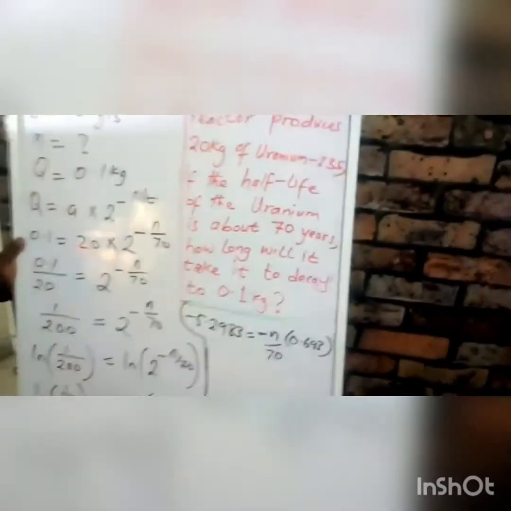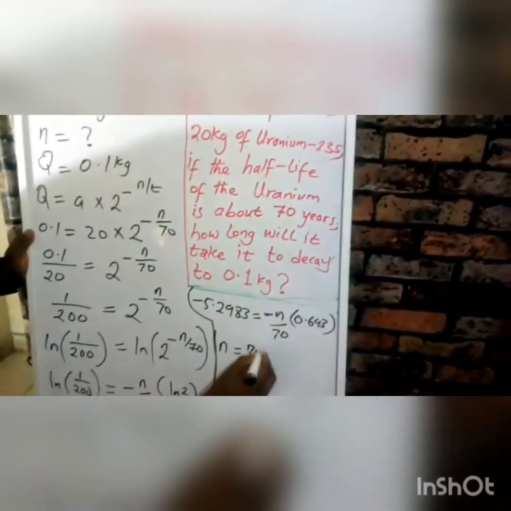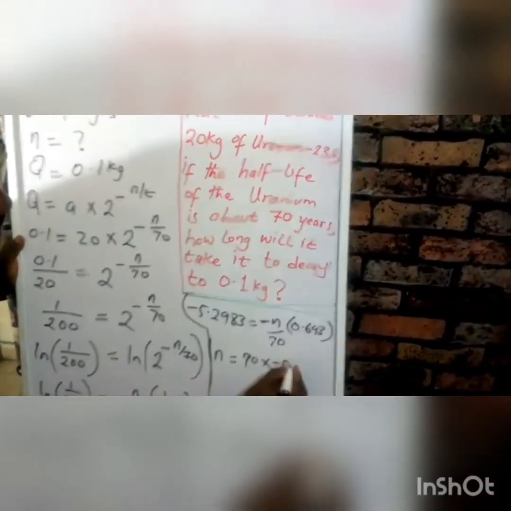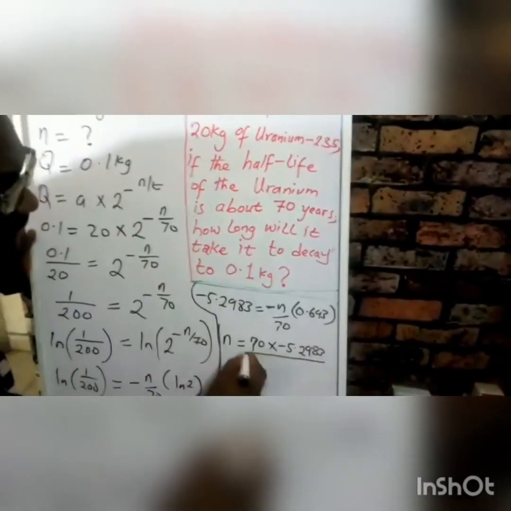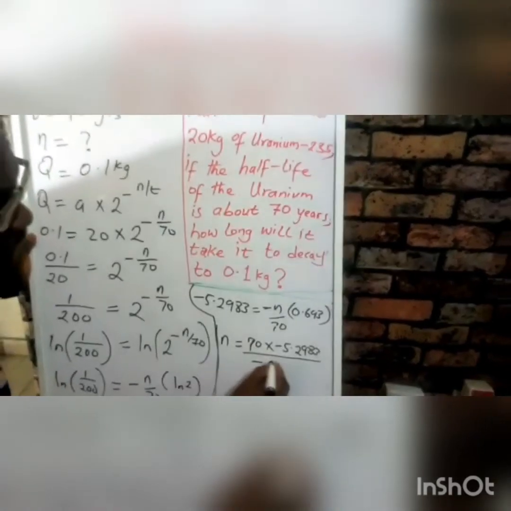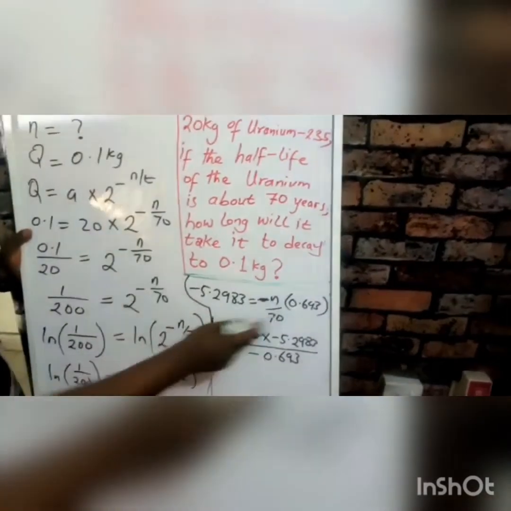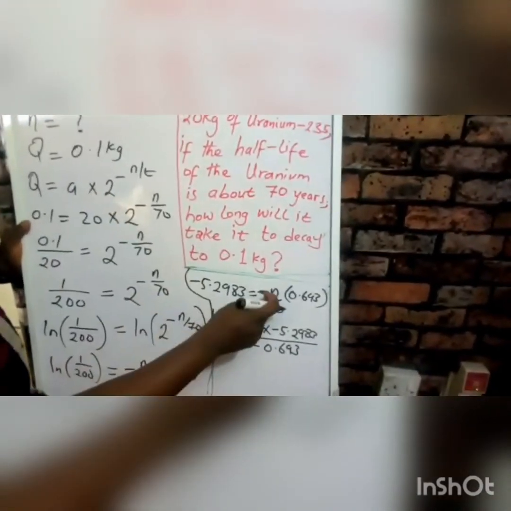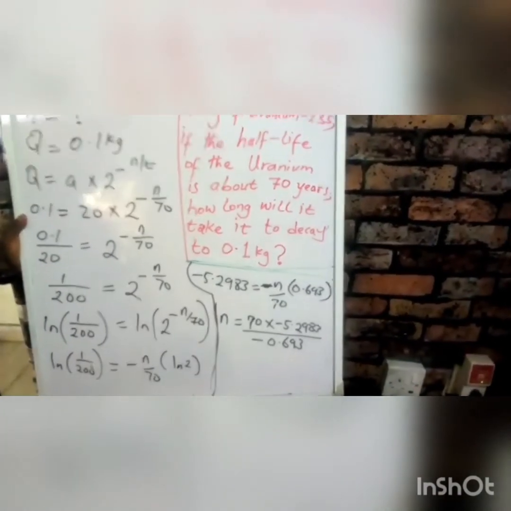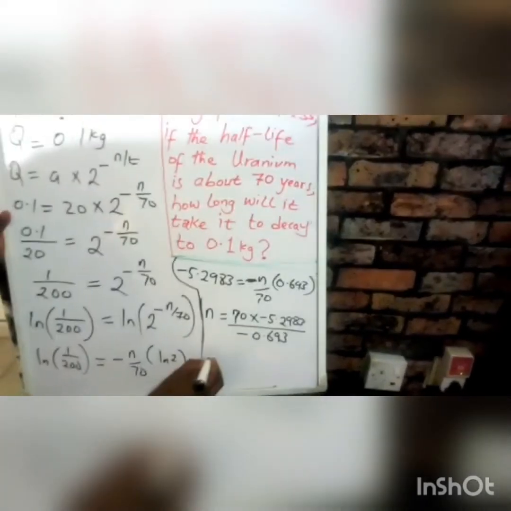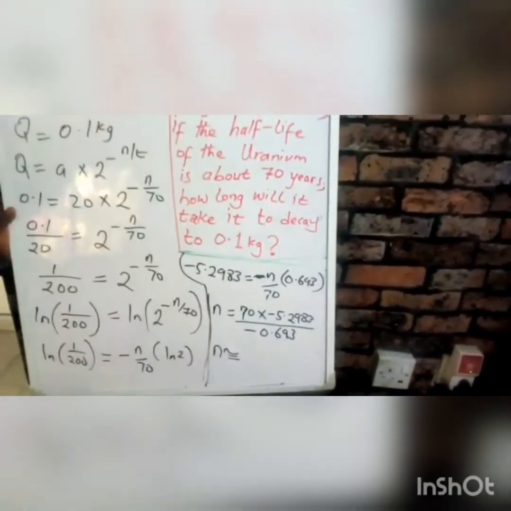So if you go ahead to solve for your given time, you're going to have 70 times minus 5.2983 divided by minus 0.693. Of course, you will notice that I transposed the 70, and negative 0.693 so that I could have n as the subject of the formula. And we're going to have our answer to be approximately equal to 535.